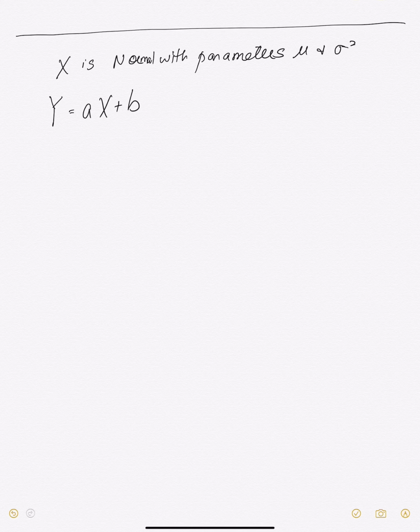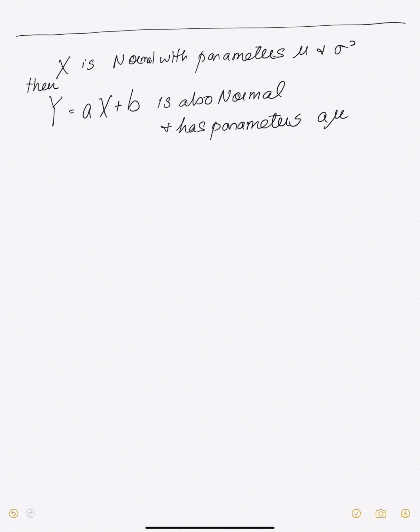Well, this turns out to also be normal and has parameters a times mu plus b, and, I'm sorry again, I shouldn't say variance, and a squared sigma squared.